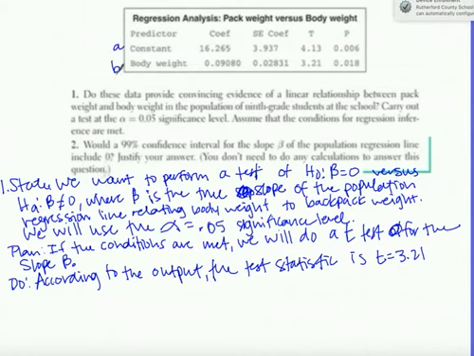So this is the A, this is the B, so that's the slope. We're looking for the t in the t column for slope. So the t statistic is 3.21 and the p-value is 0.018. Same thing here. So t is going to come from the t column, p is going to come from the p column, but you got to use the row that has to do with slope.